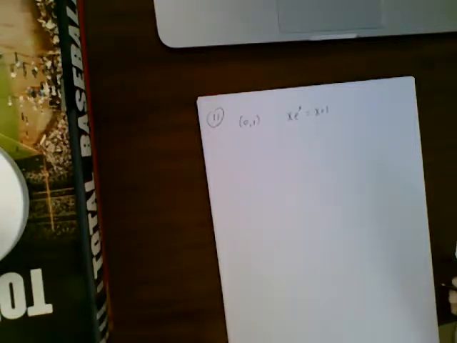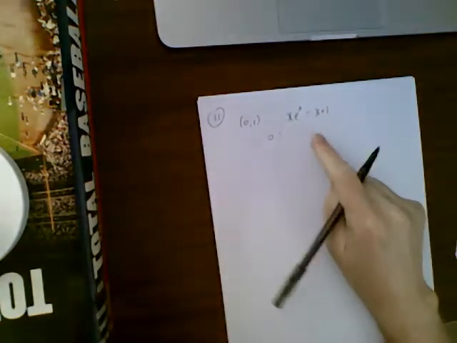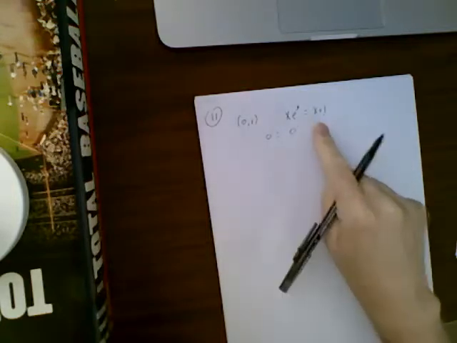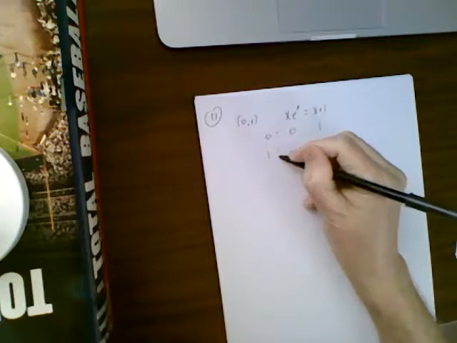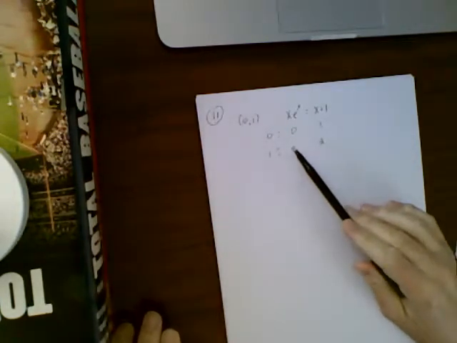Well, notice when you plug in 0, this gives you 0 and this gives you 1. So the right-hand side is bigger. When you plug in 1, this gives you e and this gives you 2. The left-hand side is bigger.